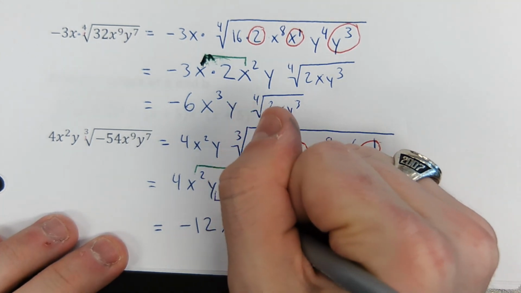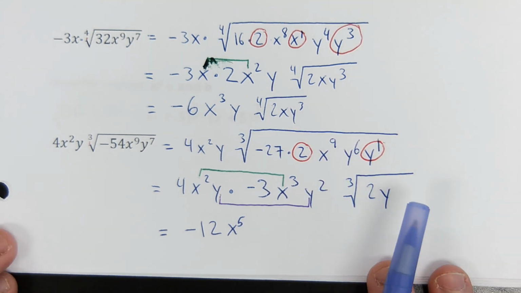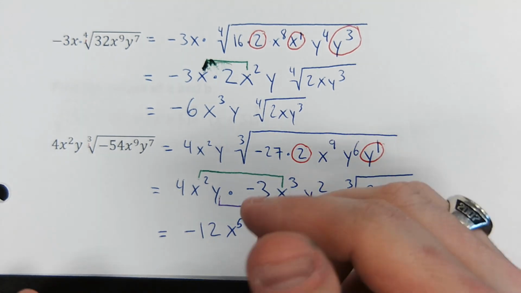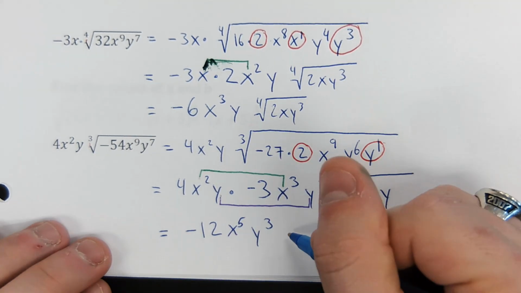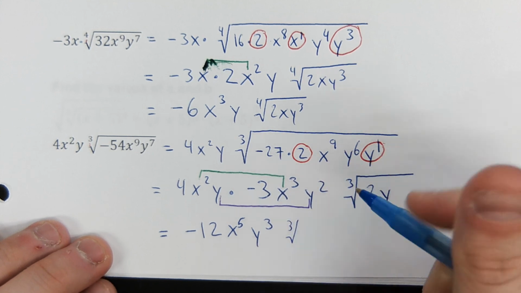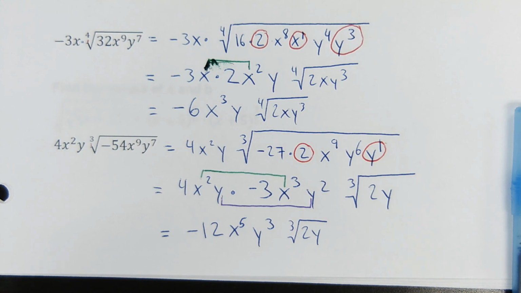And then this is a purple pen, it's hard to tell, it's different from the blue. When you multiply those two numbers with the same base, you add their exponents, you get y to the 3rd. And this is just there. Don't lose that radical, it's part of the answer. And that is everything.